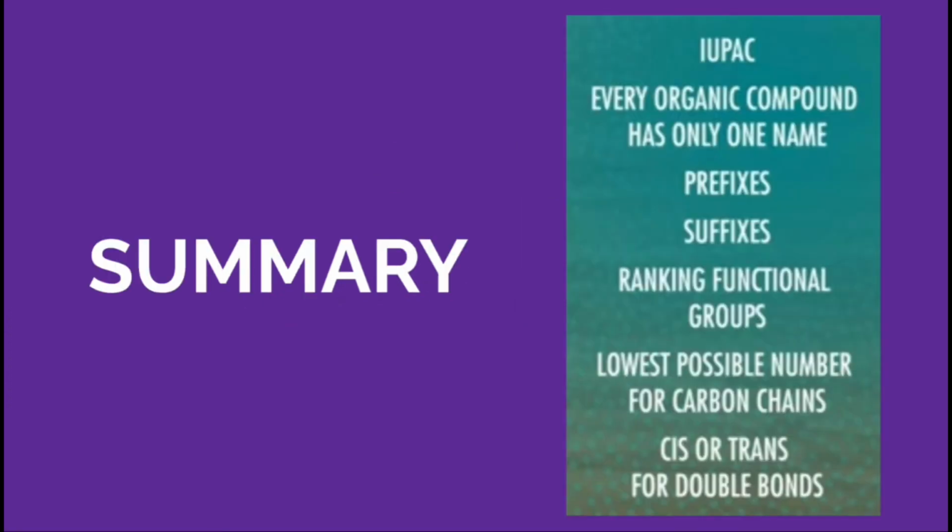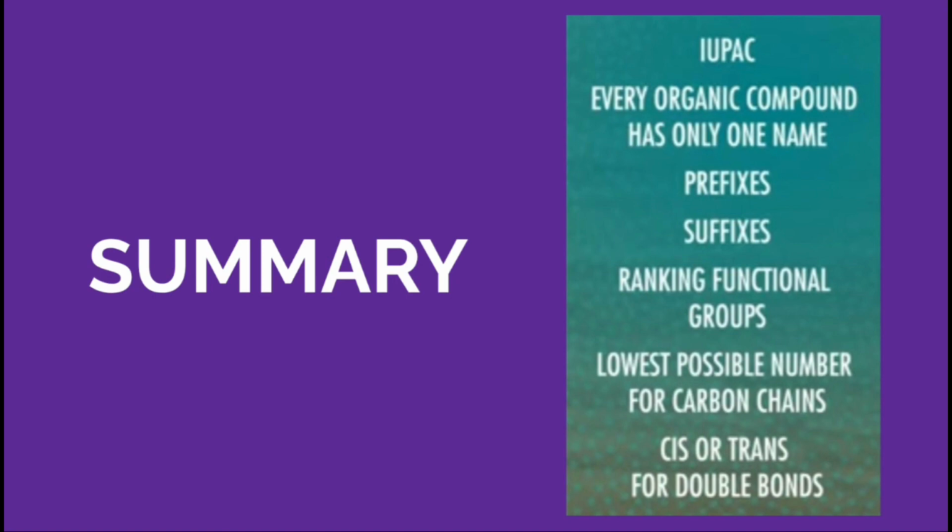So in this lesson, we studied about IUPAC. It is the international organization that creates a system where every organic compound has one and only one name to prevent confusion.